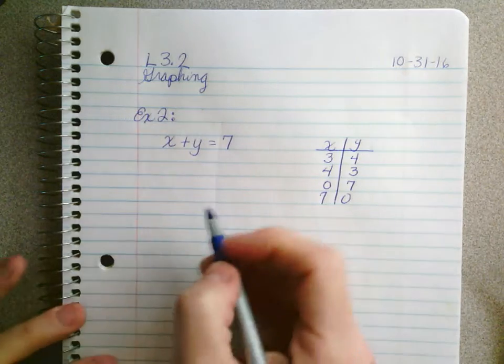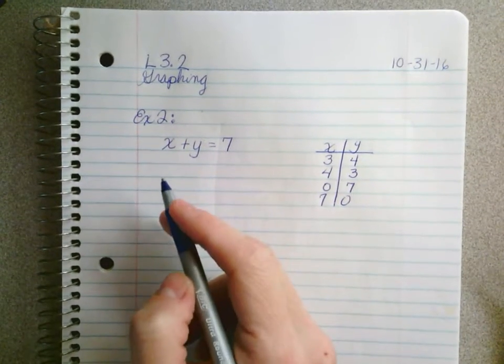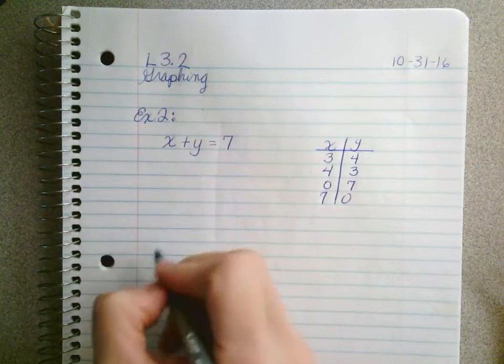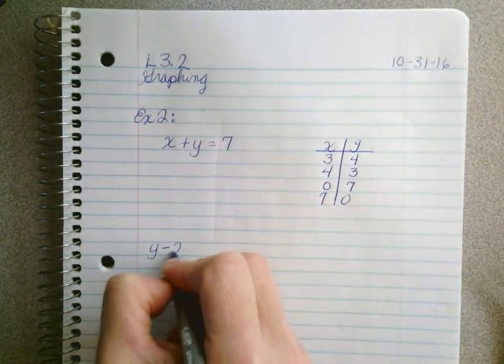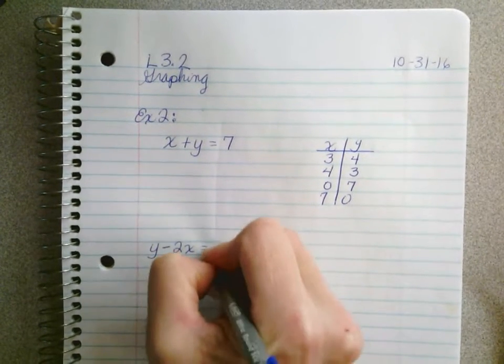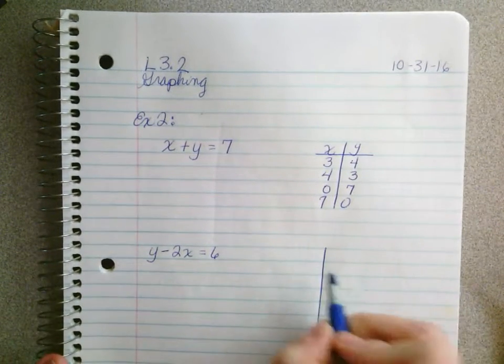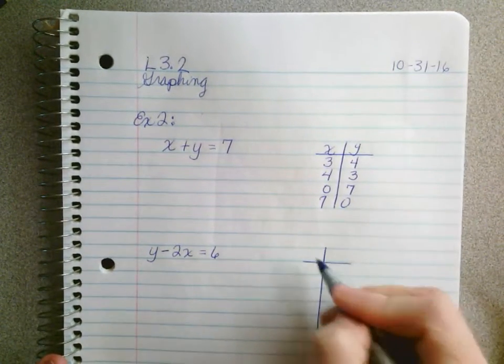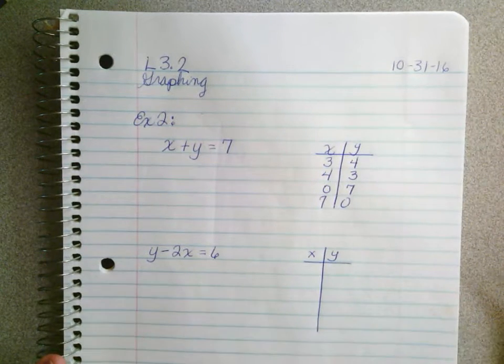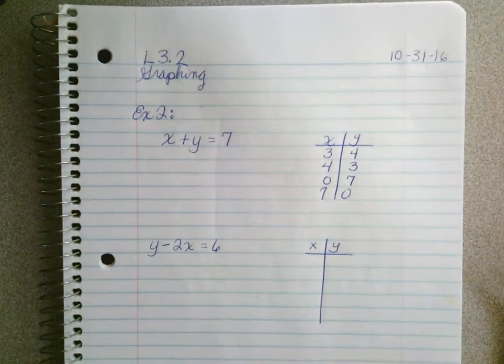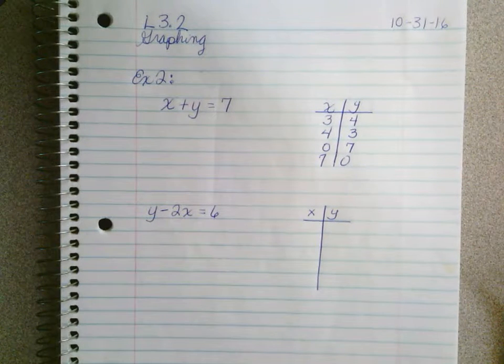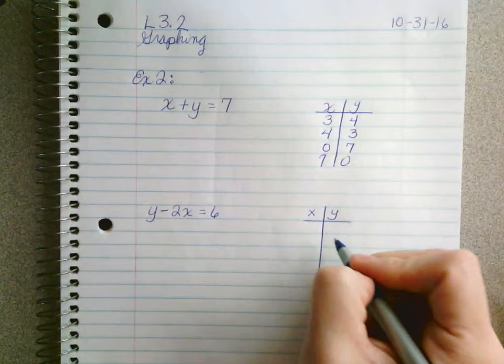So here I've got another one just like this. Y minus 2x equals 6. Now this one's not quite as obvious. What if I made y a 0?